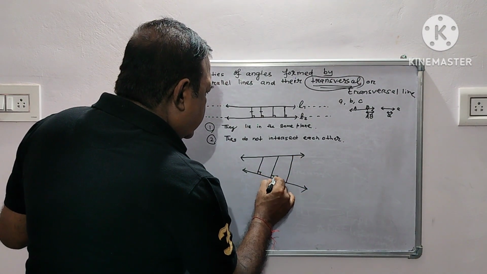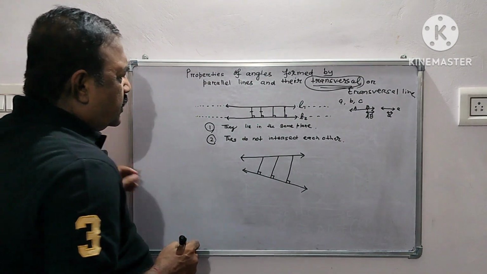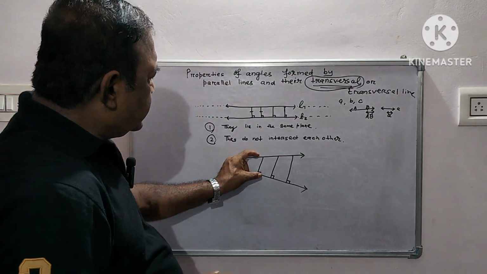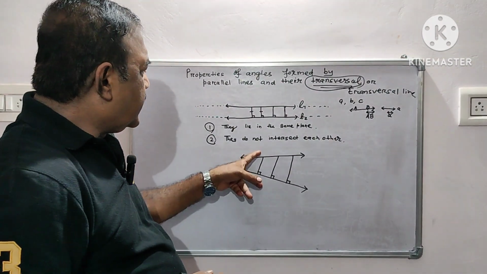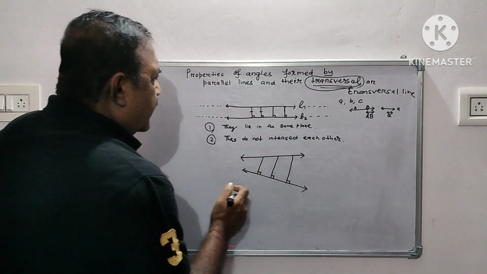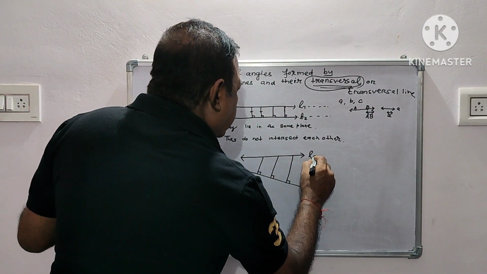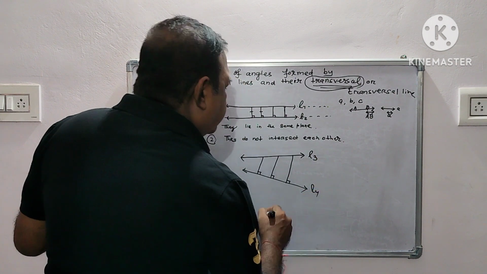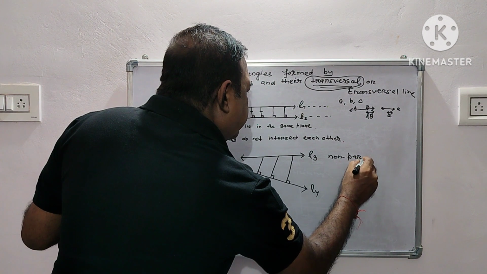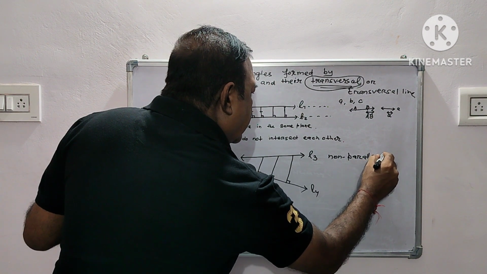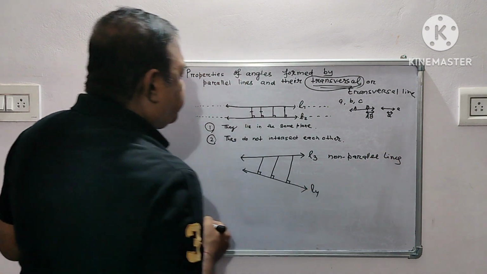Suppose you see the distance increases. So the distance between the two lines is not constant. So these are two non-parallel lines. Let it be L3 and L4. These are non-parallel lines.